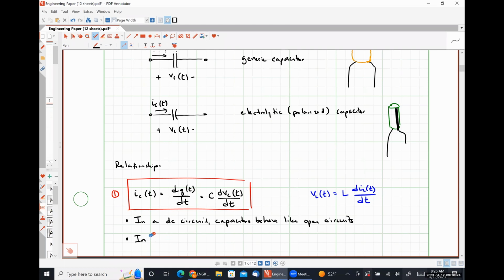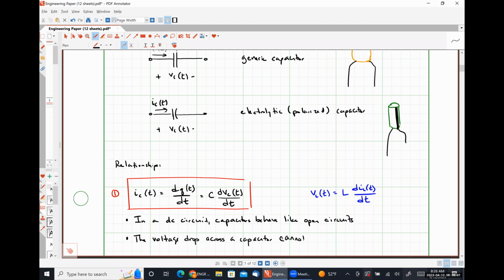So let me write this better. The voltage drop across a capacitor cannot change abruptly.